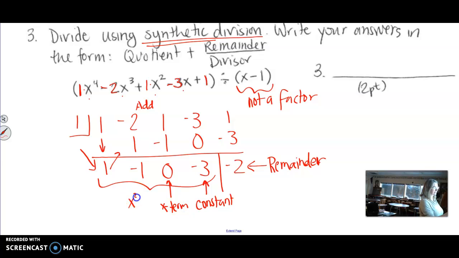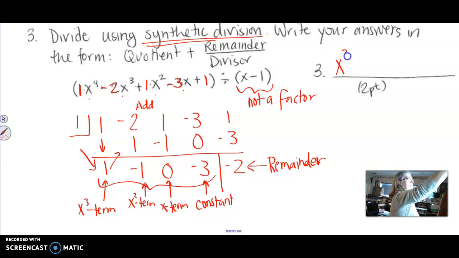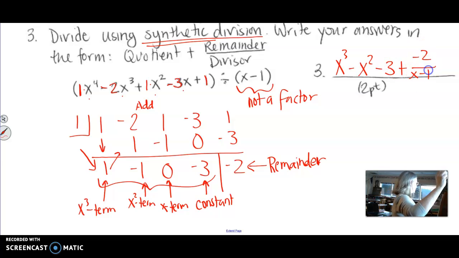This will be my x squared term, so we'll have a -1x squared, and then the x cubed term, so 1x cubed. So my quotient is 1x cubed, which I can just write as x cubed, minus x squared, plus 0x, which I don't need to write, and minus 3, plus the remainder over the divisor. Okay, we're going to stop there for right now.